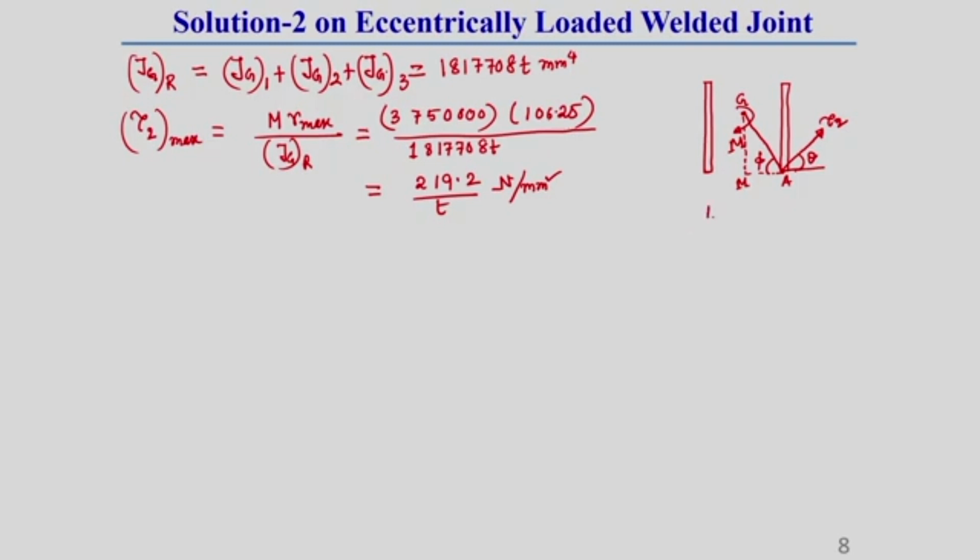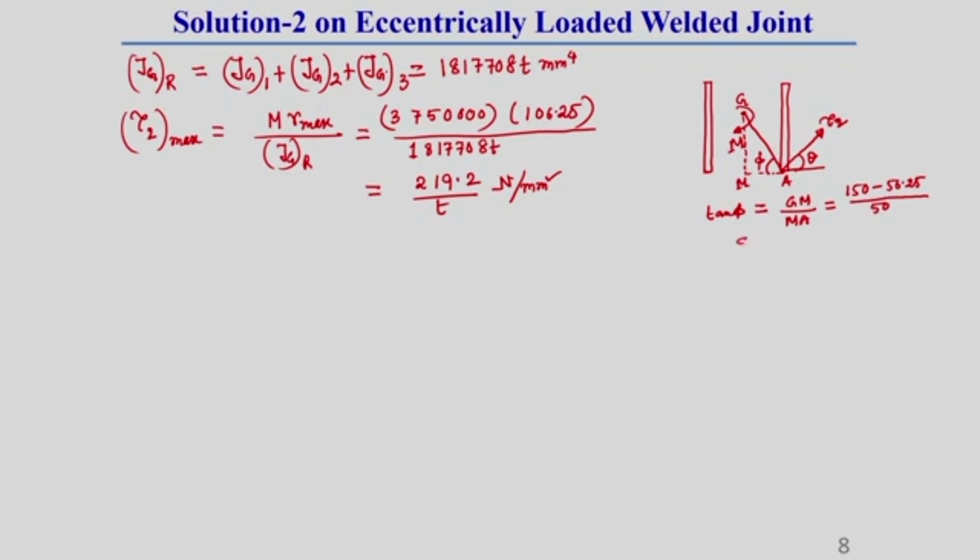Here we can use tan phi equal to Gm divided by Ma. Gm is very well known to us: 150 minus 56.25, divided by Ma, which is already midway of this horizontal weld.